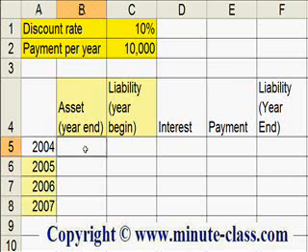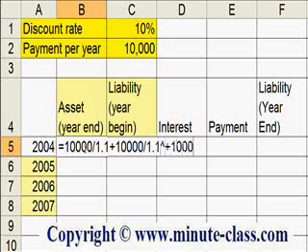So at the end of 2004, or at the beginning of 2005, the asset will be equal to 10K divided by 1.1 plus 10K divided by 1.1 squared plus 10K divided by 1.1 to the power 3.